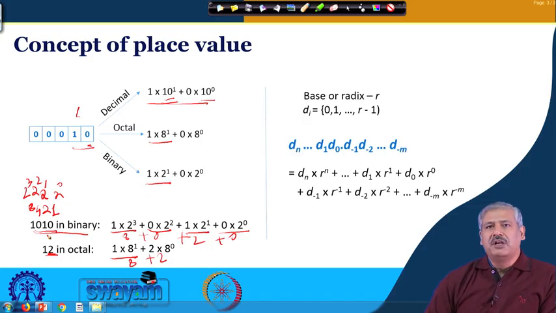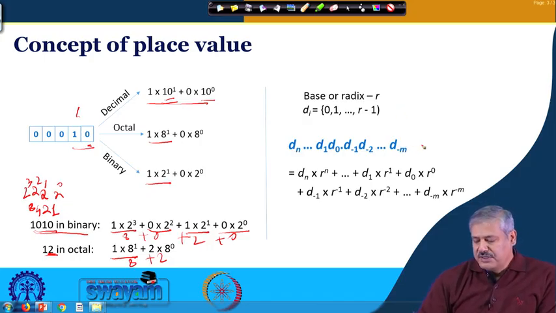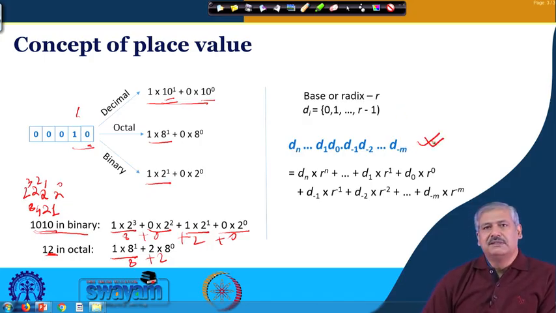When we put it more formally, this is what we would be able to see. So, if we have a number system with a base or radix r, the allowable, valid digits are 0, 1, 2, 3 up to r minus 1.